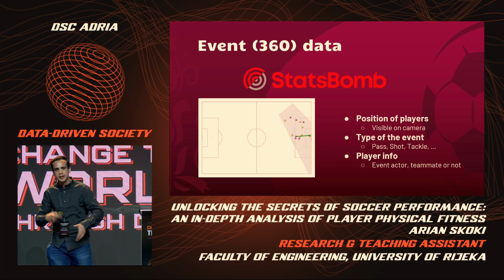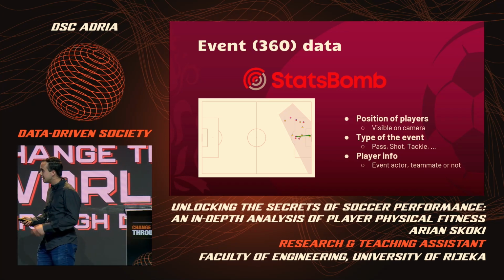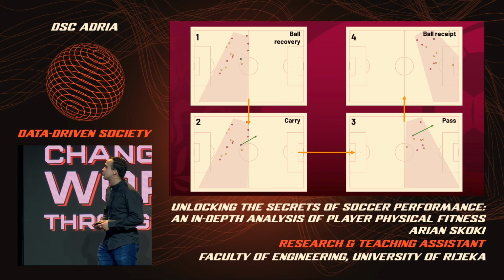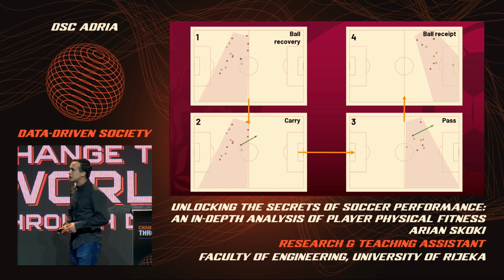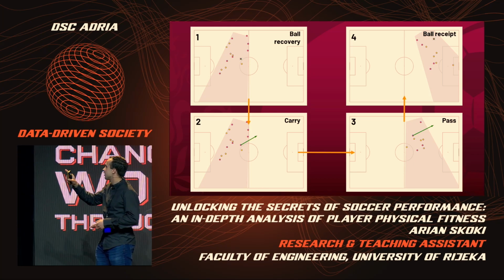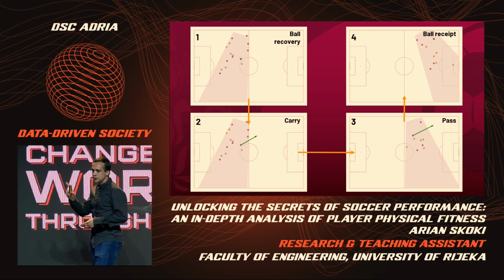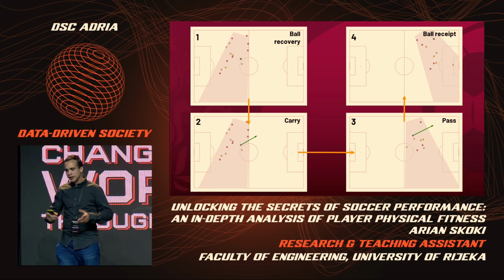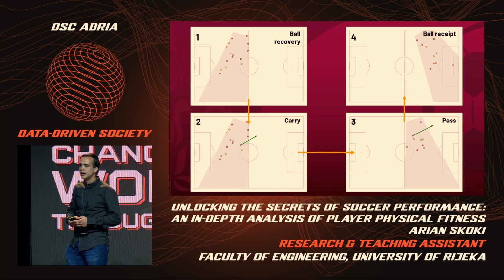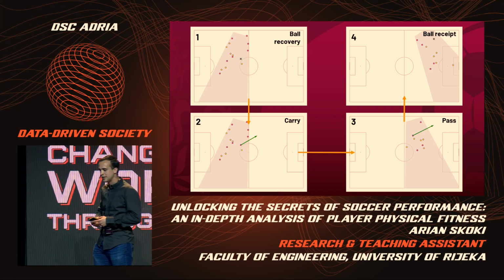So let me take you through a few frames of this data, and we're going to see later what is the true representation of it. It starts from top left, and then we'll proceed down there, then go on the right, and then to the top right. In the first situation in the top left, we see some red and yellow circles, which represent the positions, X, Y axis, of the players.